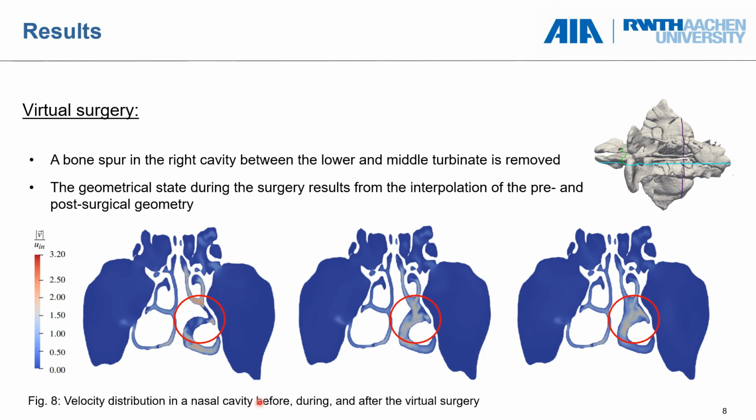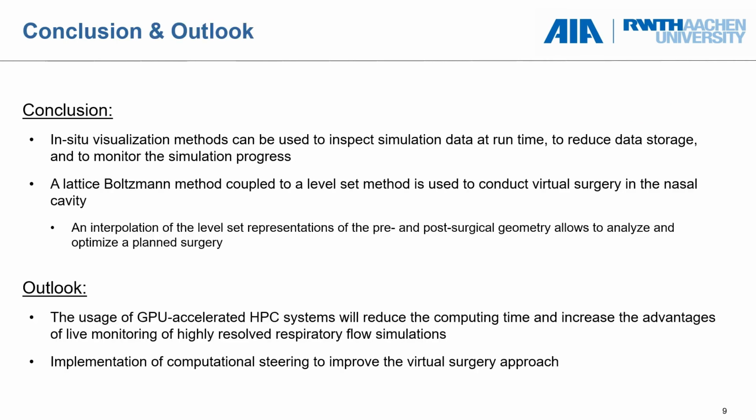And as you can see, we have here some high velocity area, and this velocity is reduced here and also here, but between those two states there is nearly no difference, and this shows us that it might be enough to remove half of the spur instead of the complete spur, which is a great advantage of our virtual surgery approach.